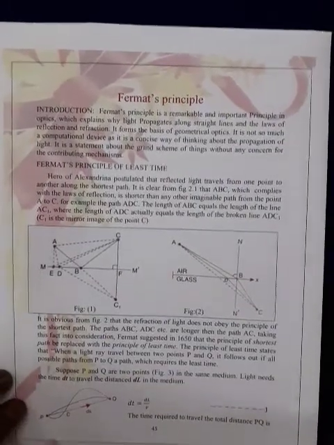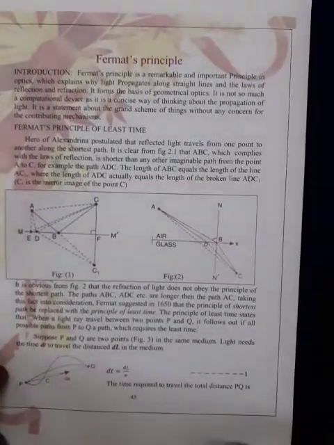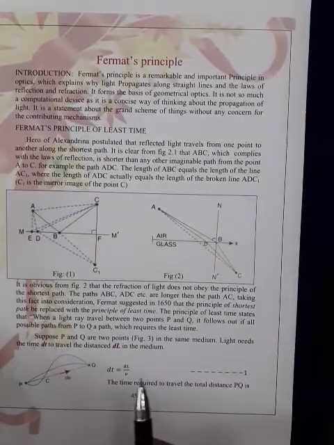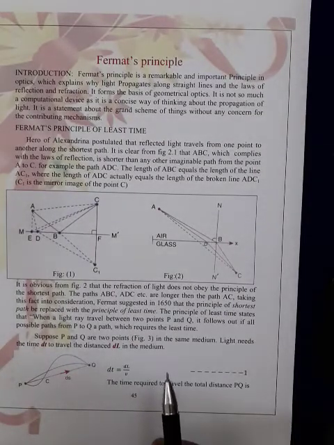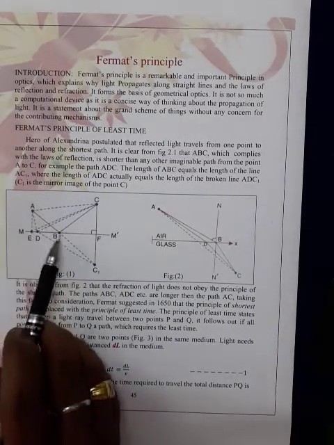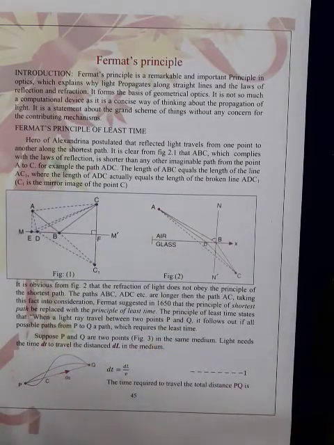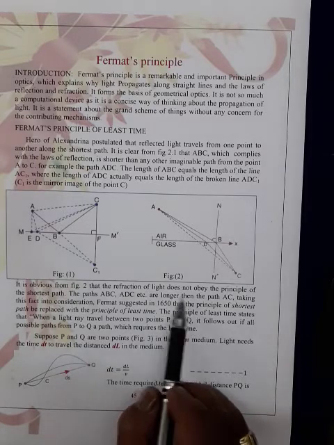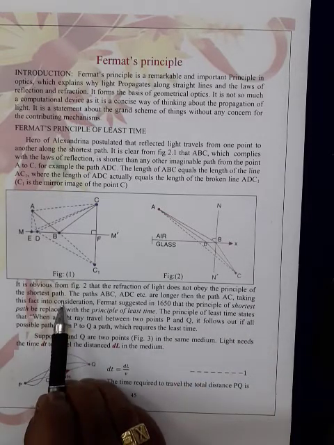If I take the second figure now, the refraction of light does not obey the principle of a shortest path. The reflection of light obeys the principle of a shortest path. What about the refraction here now? It does not obey the principle of shortest path.